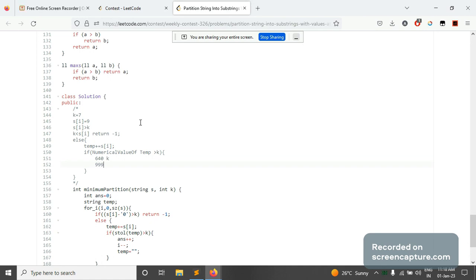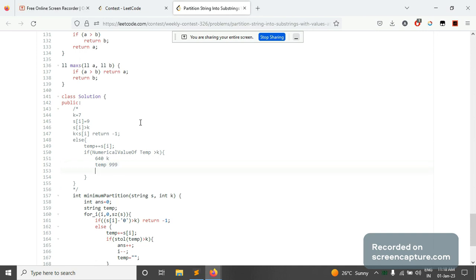At some moment, the value of temp got to triple nine. We keep on adding s of I, and after some addition we got triple nine. So to make our answer, we will decrease this temp from triple nine to 99.